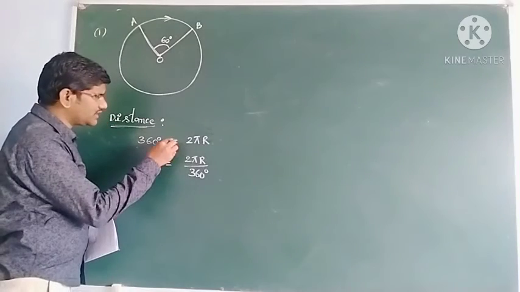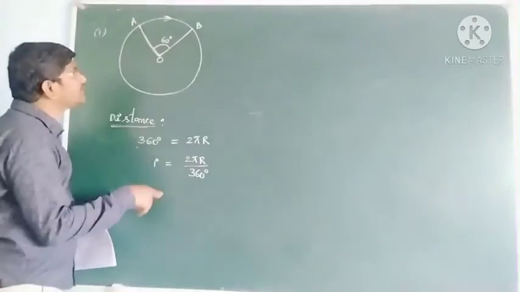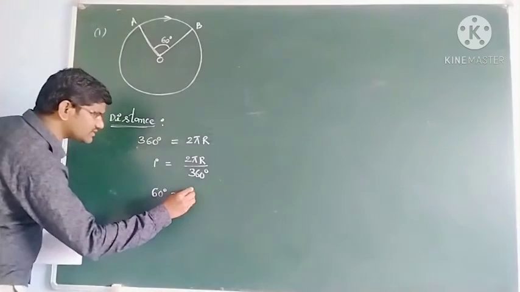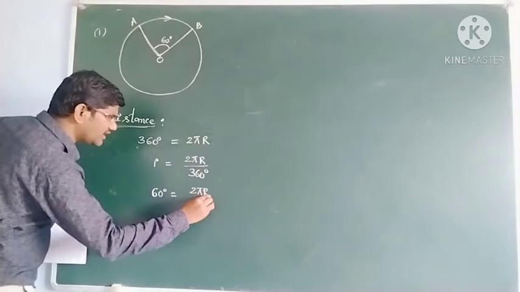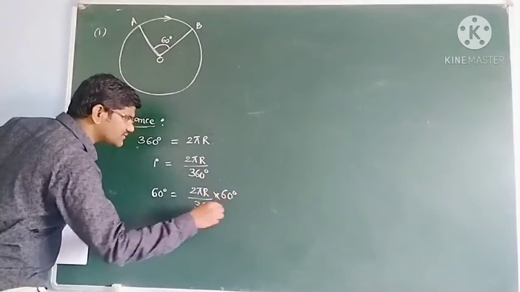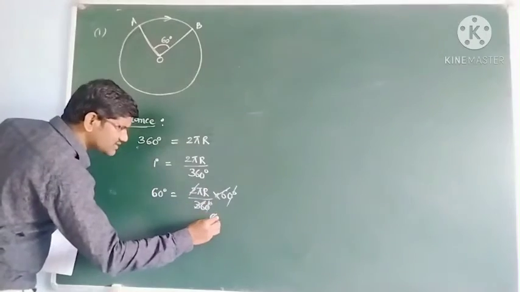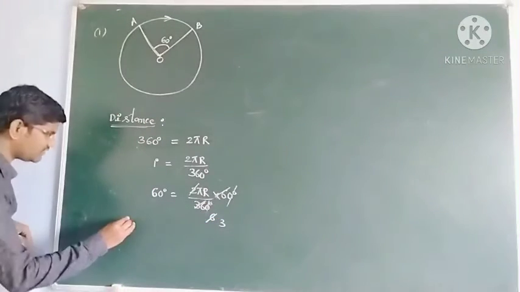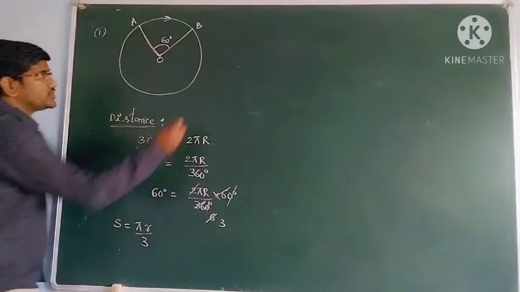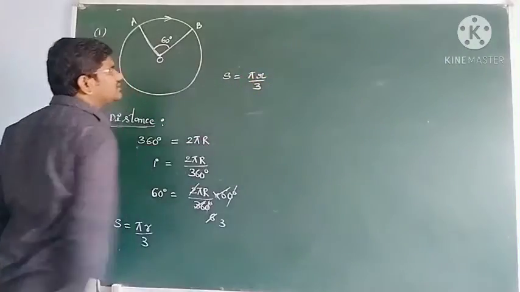So for one complete revolution, distance is 2 pi r, and for 1 degree, distance is 2 pi r by 360. Then for 60 degrees, it is 2 pi r by 360 times 60. The 0 gets cancelled, 6 sixes are 36, and with 2 it gets cancelled to 3, so the distance is pi r by 3.